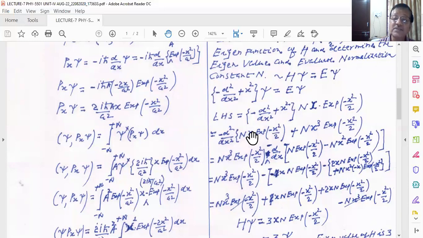Minus x into x gives you x square, with a minus sign. So this term is because of the differentiation of the exponential.